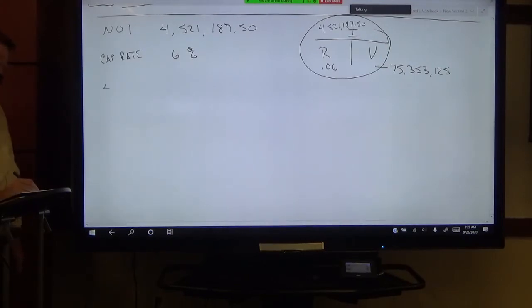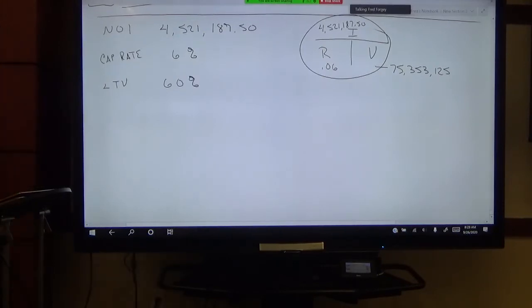is willing to do a loan based on a 60% loan-to-value ratio.